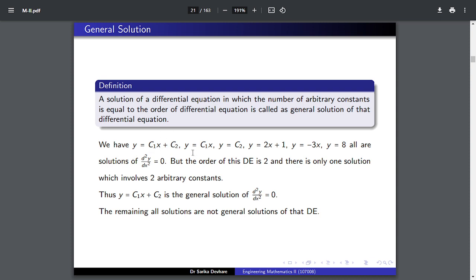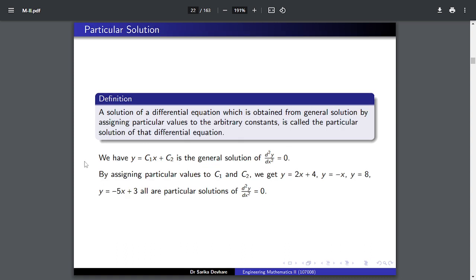But if we assign particular values to this c1 and c2, then we get many particular solutions. Let's see the definition of particular solution.